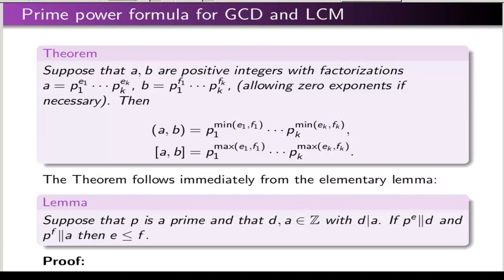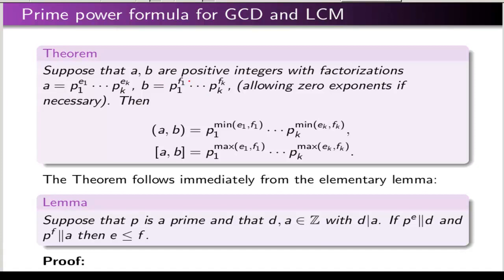Okay, so let's first of all come up with some formulas for GCDs and LCMs in terms of the prime powers. So suppose A and B have factorizations of this type. And note, this is a very useful trick in number theory to say two numbers always have the same set of prime factors.